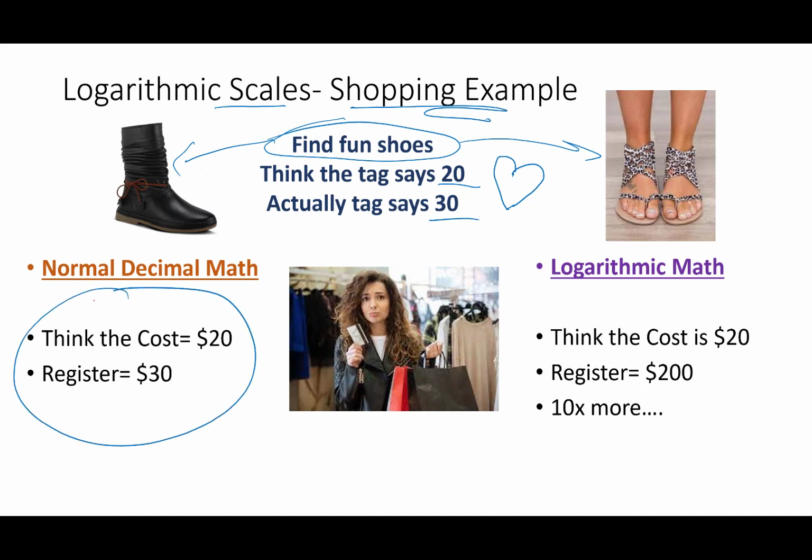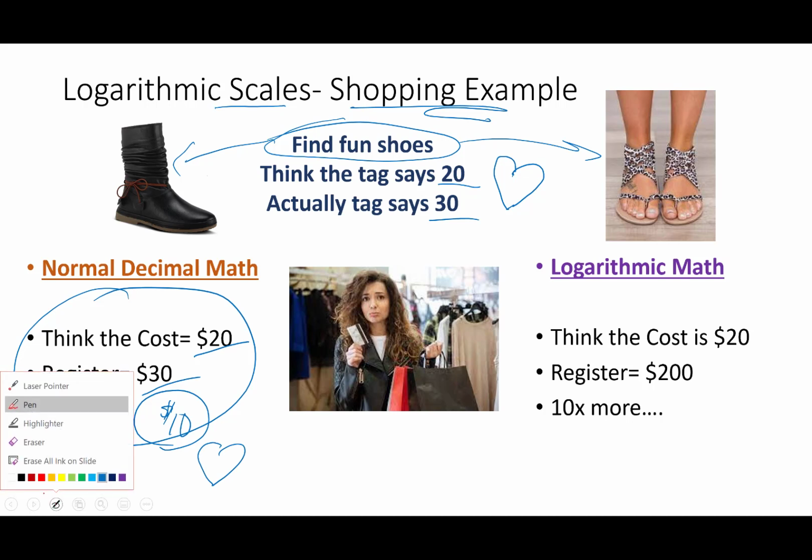That's normal decimal math. 20, 30, okay, yeah, it's $10 more, but it's not going to probably be the end of the earth if it's 20 to 30. And if you are in real shoe love, you're just going to go for it, that's the way it works. But when you're dealing with logarithm math, things are wacky.